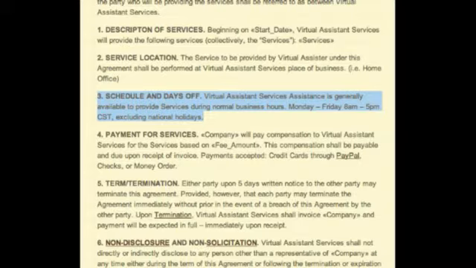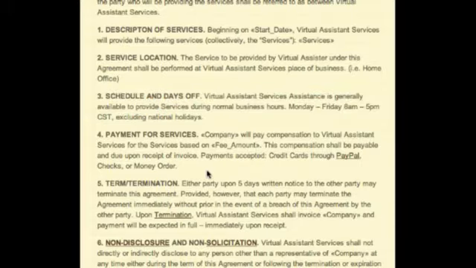I would put why you require those hours, because you actually don't care when they are transcribing the audio they're supposed to transcribe for you as their virtual assistant. You want to create as much evidence in this contract that the virtual assistant is an independent contractor and not an employee. So the more language you can put in there that you don't require them to work certain hours except when specifically needed, like to answer the phone or something like that, the better.